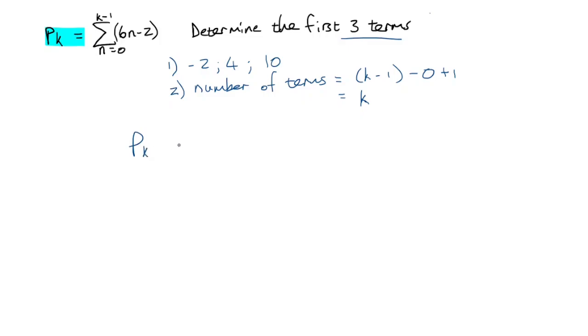p_k, which is just the formula for working out the terms, if I wanted the first term, it would just be minus 2. If I want the second term, it's the sum of the first two. So it's not just 4 like most people would write.